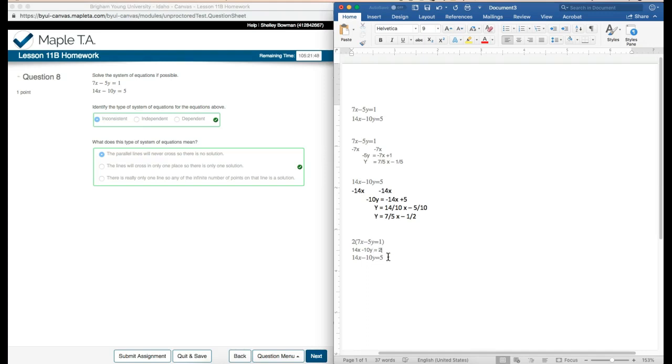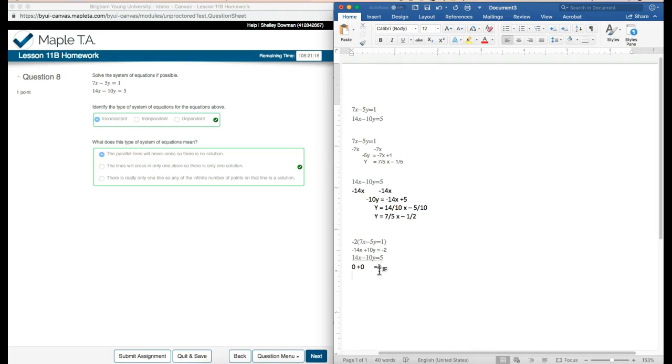And if I were really doing the elimination method, I'd multiply by negative 2, which would be negative 14, positive 10, and negative 2, and adding these two together, give ourselves an equal sign. Negative 14 and positive 14 is 0. Negative 10 and positive 10 is also 0. So on the left-hand side I have 0, equals 5, and negative 2 is positive 3.